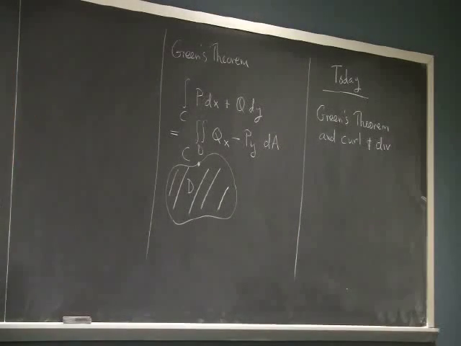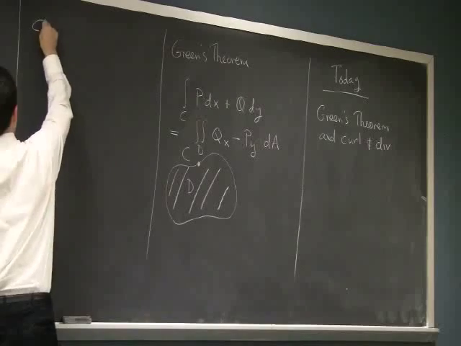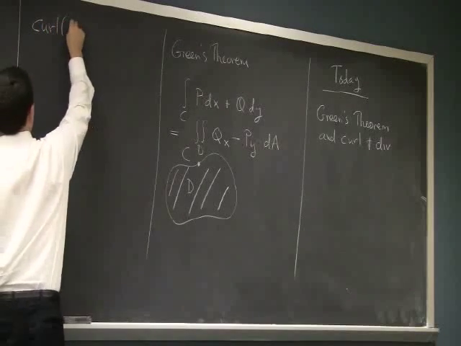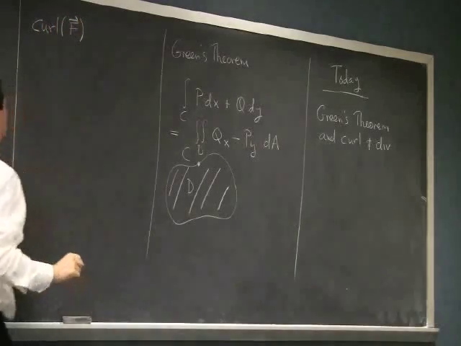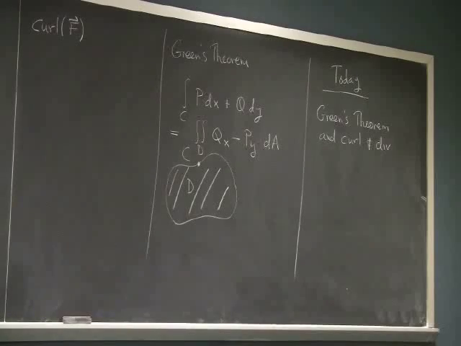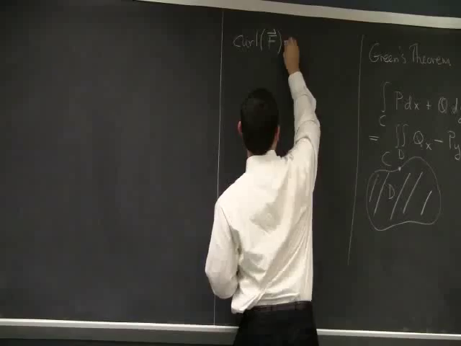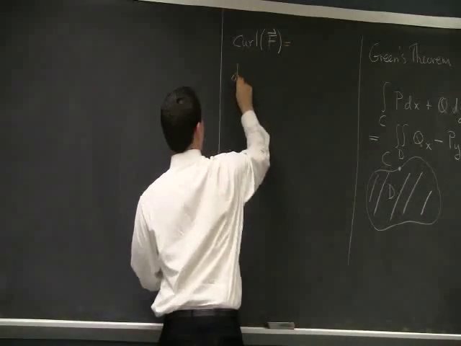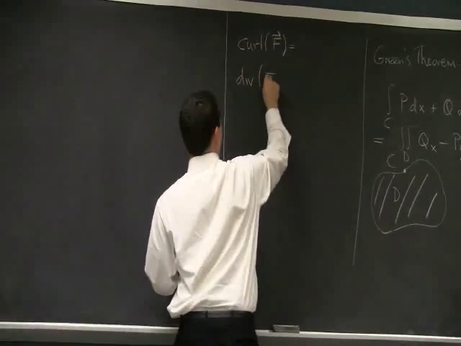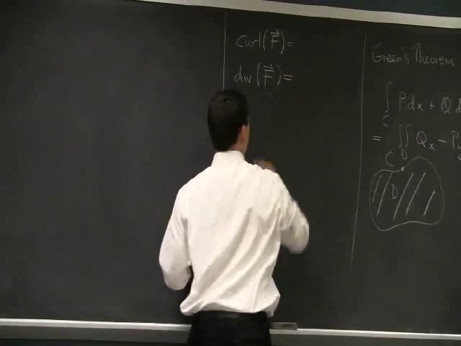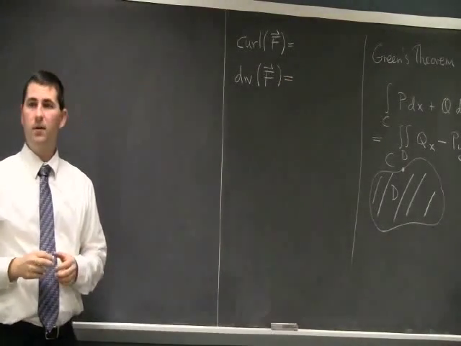Okay. And what about curl and div? Let me remind you what those were. The curl is something you do to a vector field, and it gives you a new vector field. And the div was, again, something you do to a vector field, but it doesn't give you a vector field out.